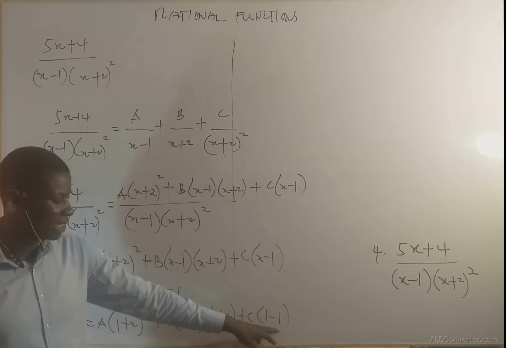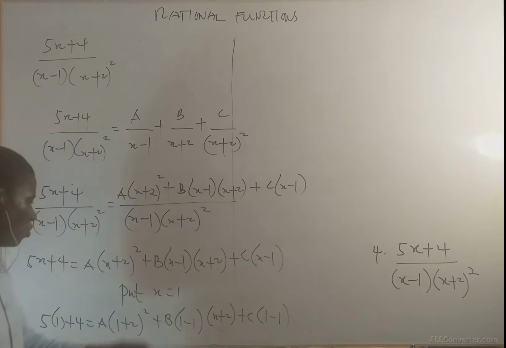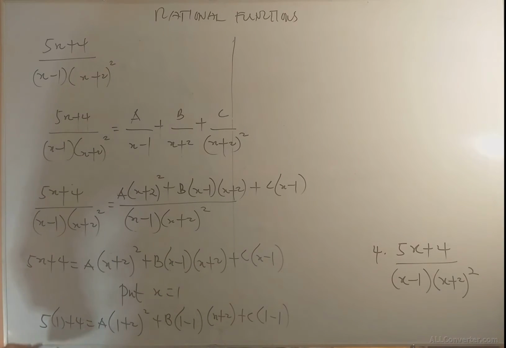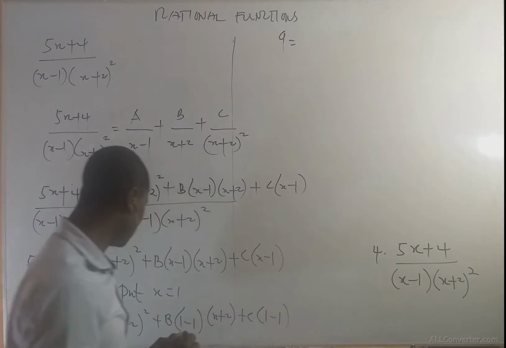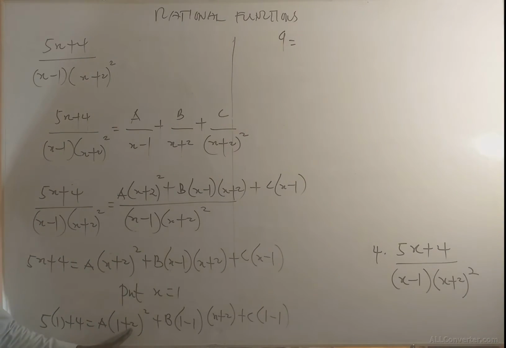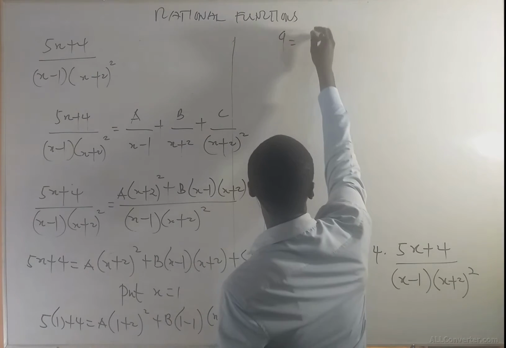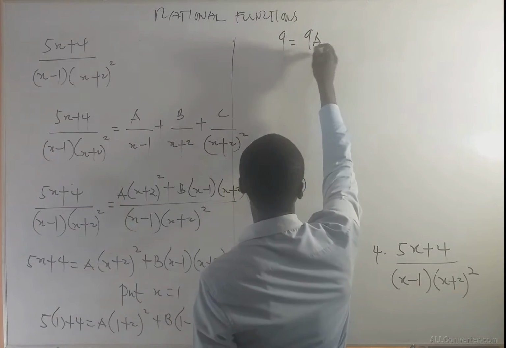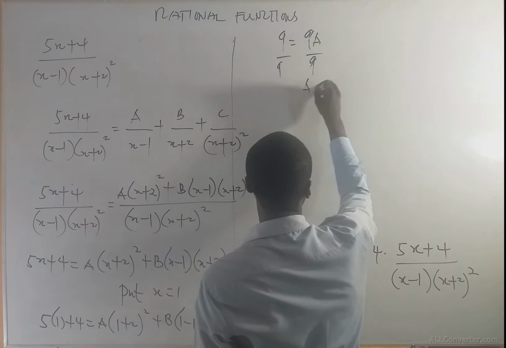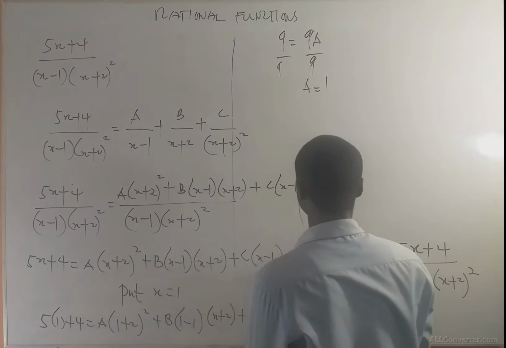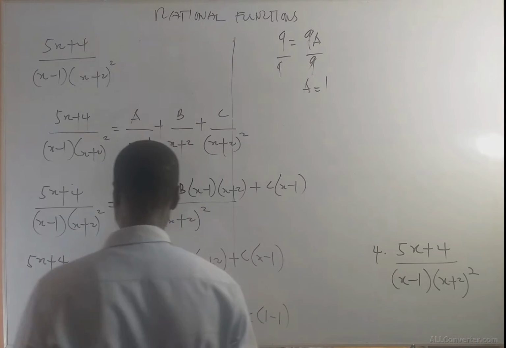Then 1 minus 1 is 0, 0 times C is 0, so C is also gone. So we can find the value of A. Now, 5 times 1 is 5, plus 4 will give us 9 on the left-hand side. So we have 9 on the left-hand side equal to 1 plus 2 is 3, and 3 squared will give us 9. So 9 times A will give us 9A. Now, dividing through by 9, we can say that A is equal to 9 divided by 9, which is 1. So the value of A is equal to 1.